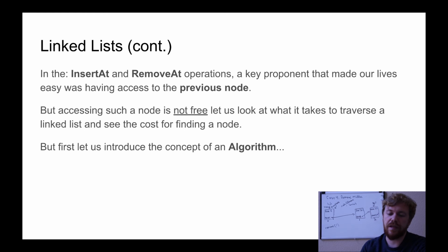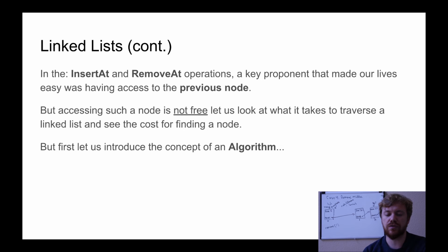So in the insert at and remove at operations, there was a key proponent that made our lives easy. And it was having access to the previous node. This is what I was talking about where it's given to us. But accessing such a node isn't actually free. It's not just given to us. We have to find out how to find the previous node.